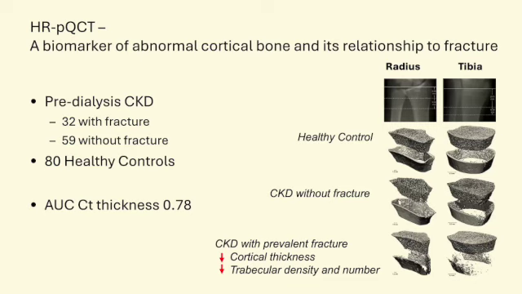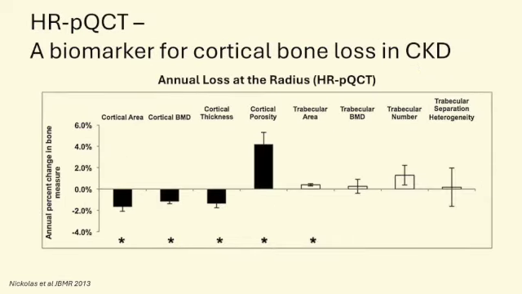And serial HRpQCT, now this isn't time-lapse, which is what Gladia is doing, but this is just serial HRpQCT, has helped us understand over time what is the area of bone that we're most concerned about. So what is the area of bone that basically is going to be lost the most?